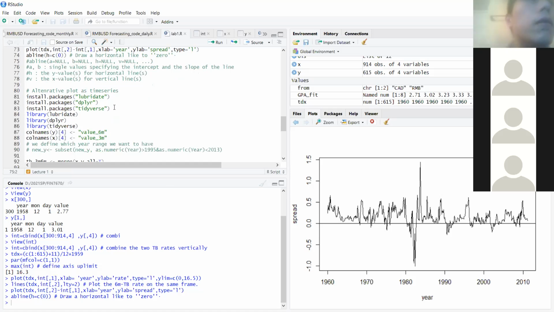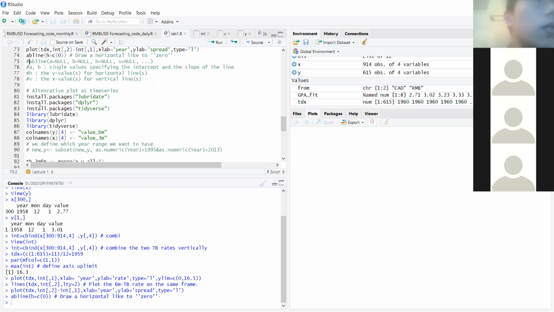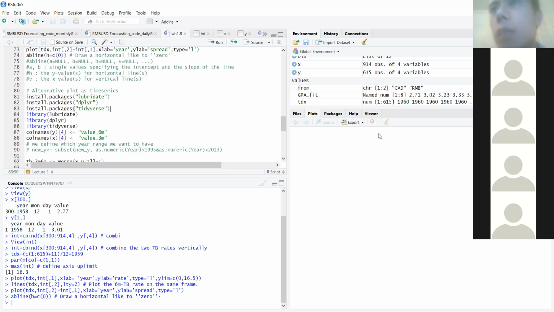Let me do this right now. Okay, let's completely eliminate that. For this one, I need to install 3 packages: lubridate, tidyr, and tidyverse. Sorry. Okay, no problem.